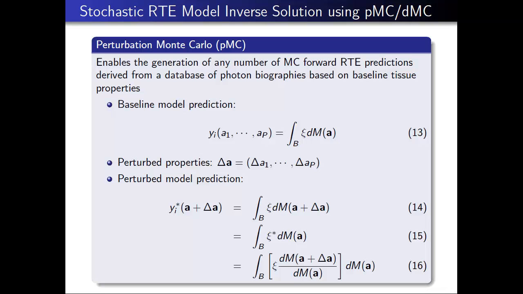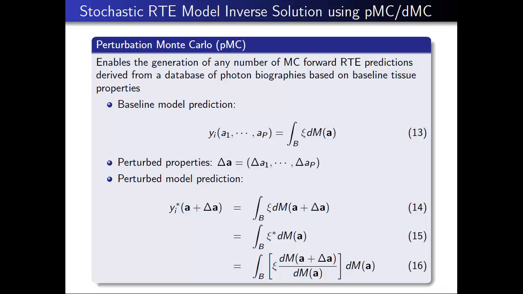And this measure is, let's say, probability density functions that describe the random walk process as you move the photon through the tissue. And so you evaluate the model function based on these parameters using this random variable in that way.